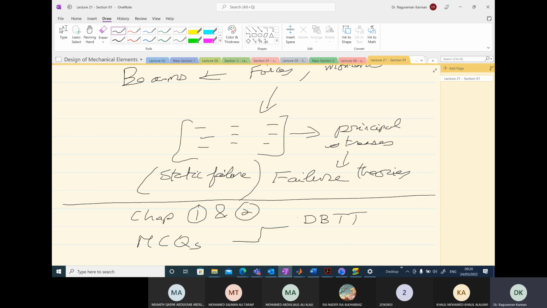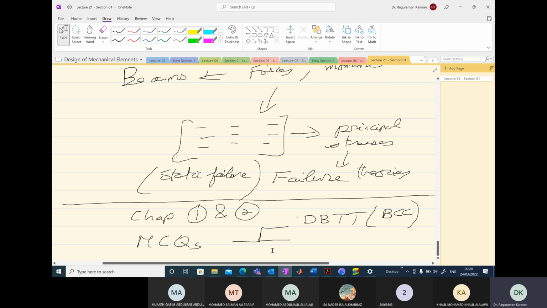Anybody? Transition from ductile to brittle temperature. Right, ductile to brittle transition temperature. What kind of materials have DBTT and what materials do not have DBTT? BCC metals. Right, BCC alloys always have this. FCC do not have this.